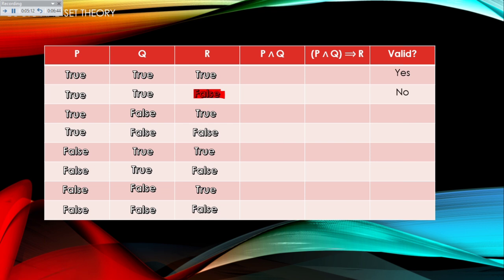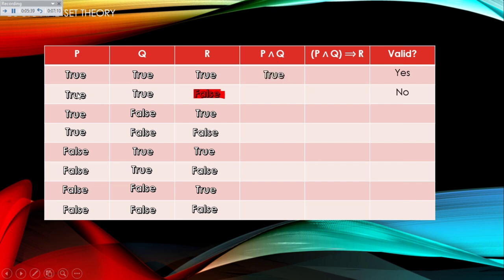According to this, the premises are true and the conclusion is false. In this case, the second row shows such a scenario, making the argument invalid. So we see that P and Q are true, so the result is true because of the conjunction.